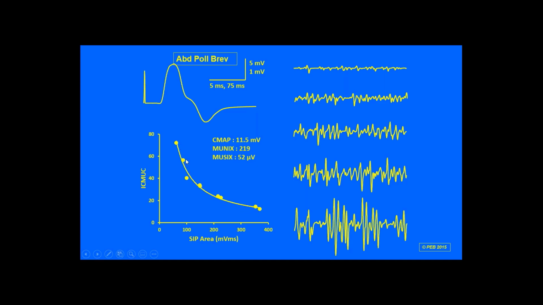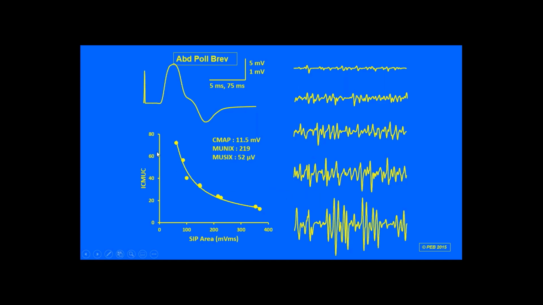And again, we can't go into all the details, but what you see here is going from low activity surface EMG, barely active, going up to full activation, or what we would call an interference pattern, right? And we have an increasing surface signal here.